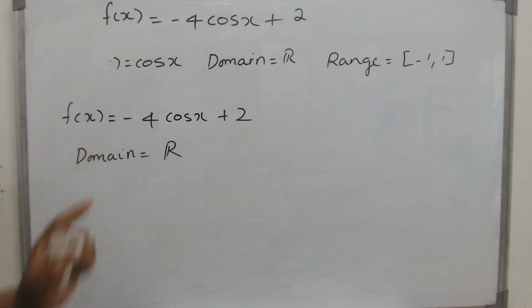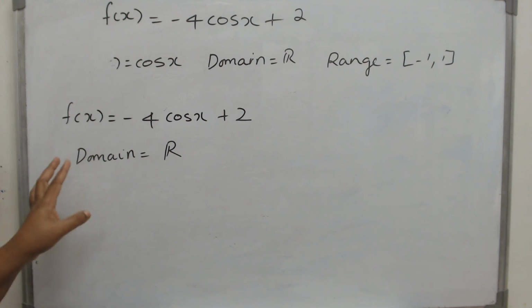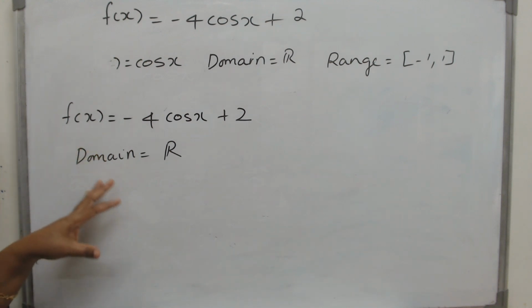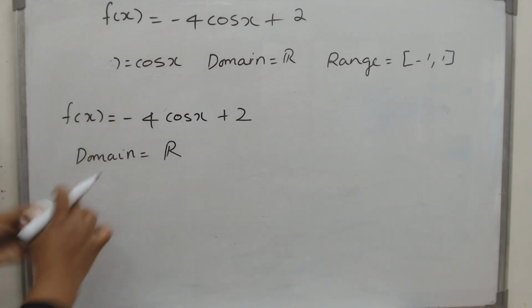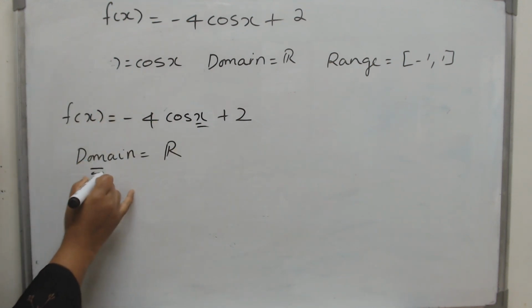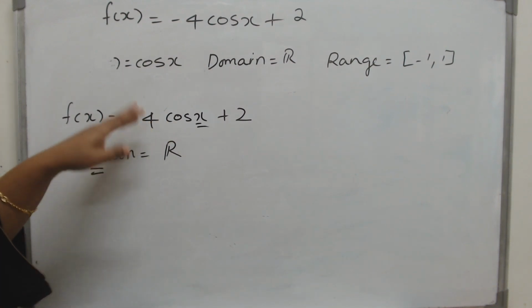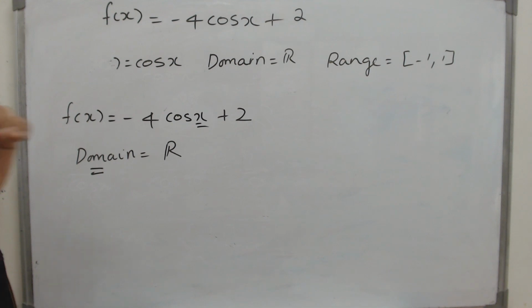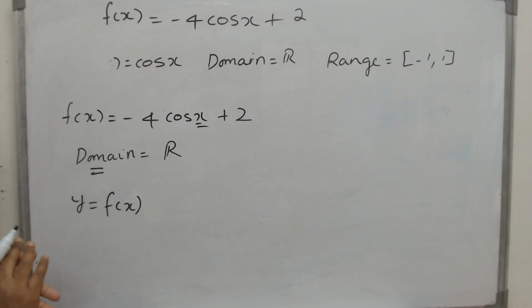But remember, the input remains the same, but the output changes. That is a general rule. Your x values, or in other words your domain, will be the same, but the y values, or the range, are going to change.